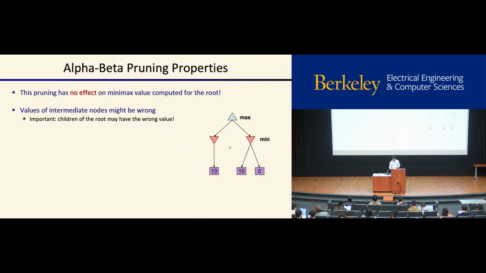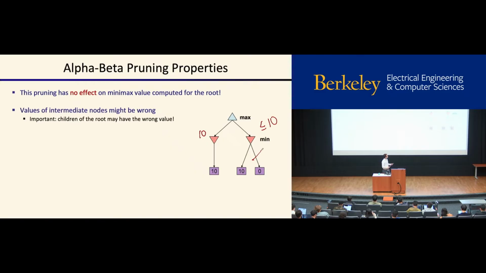So in this particular case, let's see if I still have the pen on. Yeah, so this one would be 10. This one would be less than or equal to 10. And these are equal. So depending on how you do tie breaks, you might decide that you could prune this. But because we haven't solved the right side of the tree, now the max node has a choice between a guaranteed 10 and a less than or equal to 10.